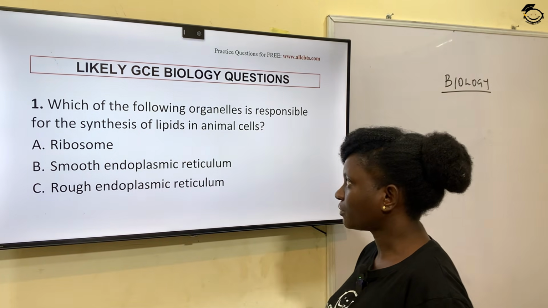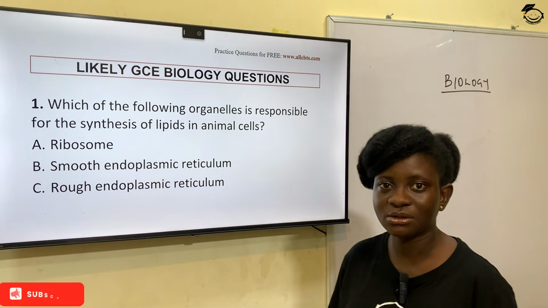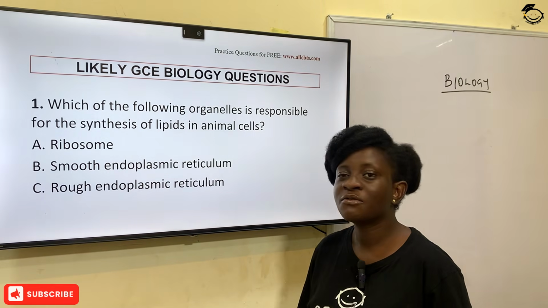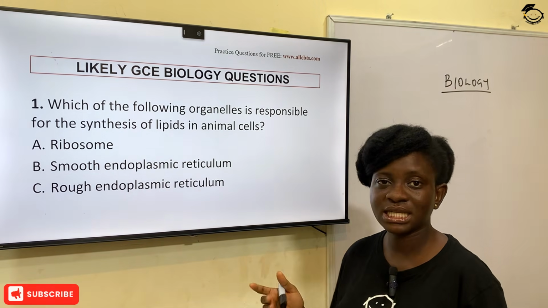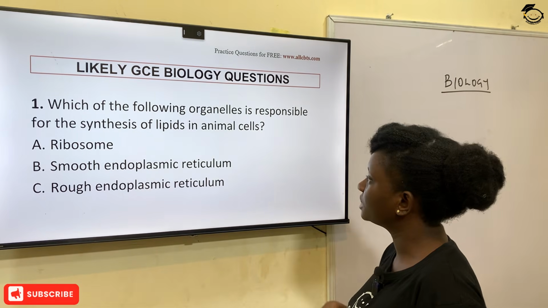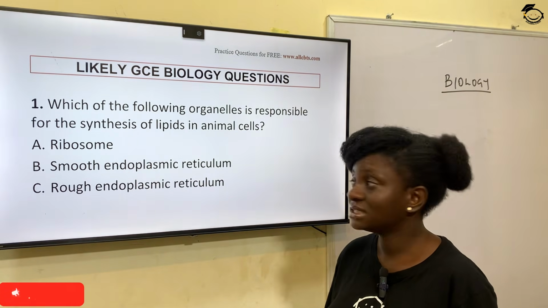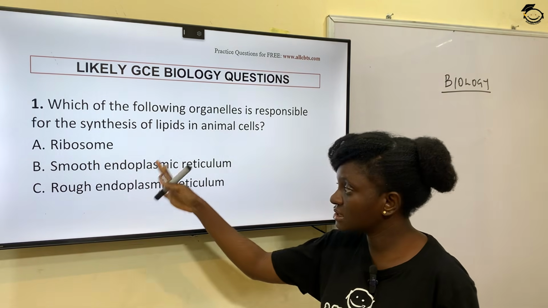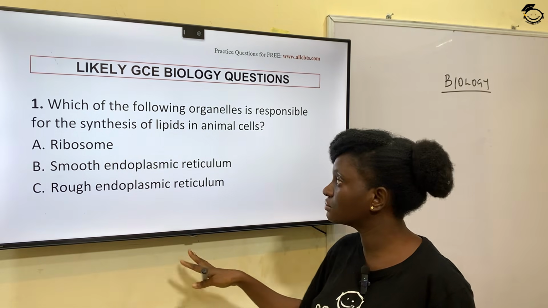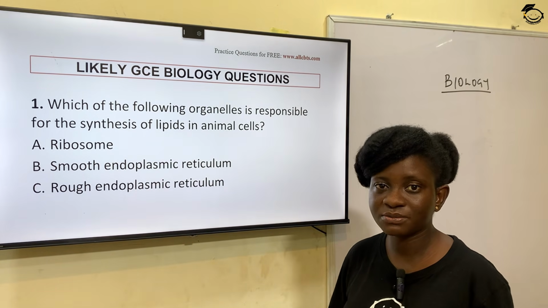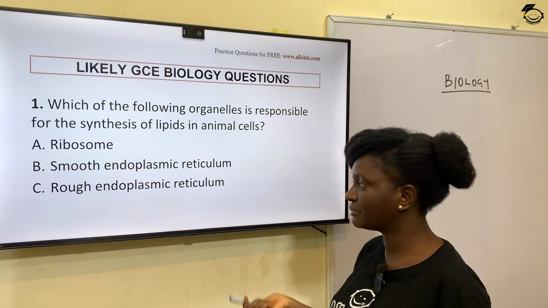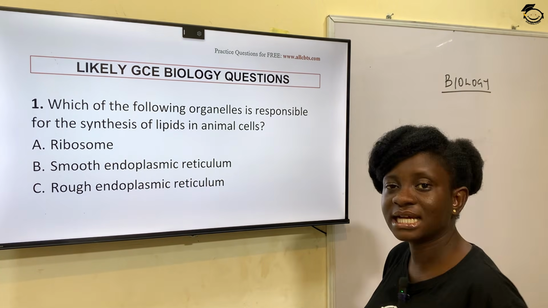Question 1. Which of the following organelles is responsible for the synthesis of lipids in animal cells? The question is simply asking which of these organelles listed in the options is solely responsible for lipid synthesis in animal cells.